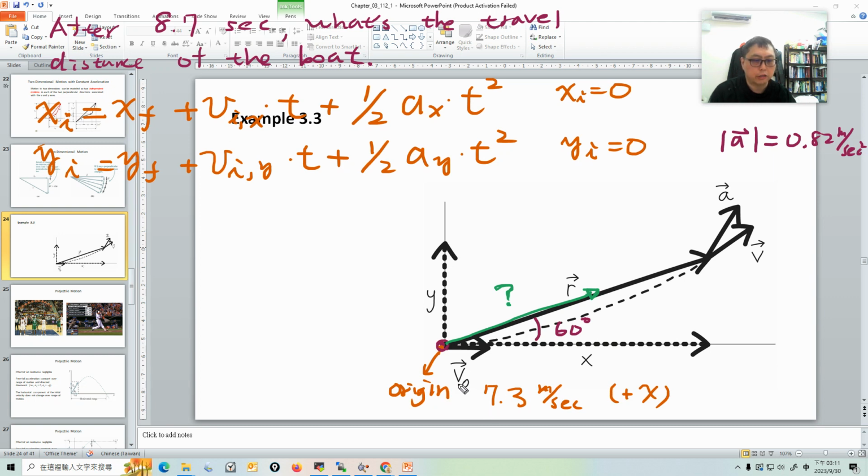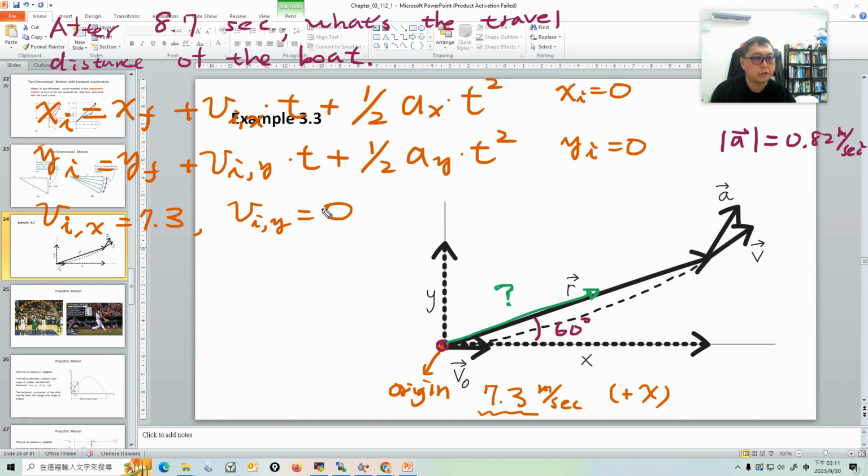The initial velocity of the boat is 7.3 in the plus x direction, so I write it right here. The initial x component is 7.3. At the initial state it only has x direction, so the y component is 0.